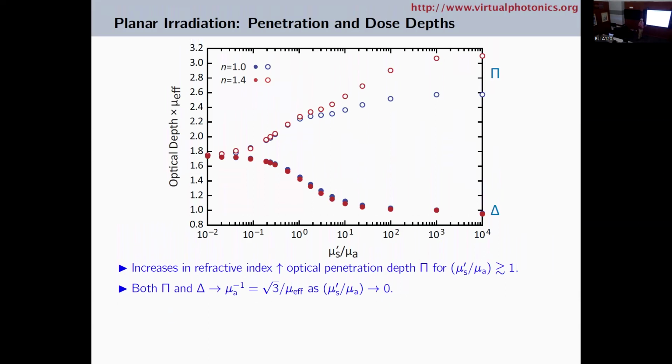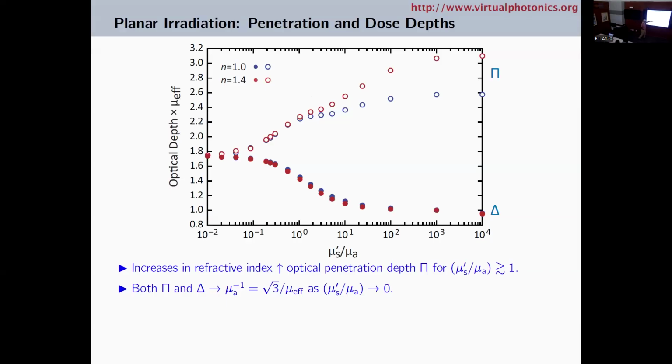And mu effective is an optical coefficient, an inverse length, so this has no dimensions. But what it allows you to do is use this chart and multiply the number by mu effective, and you get the physical depth back. So this chart works for tissues of whatever mu effective it has.